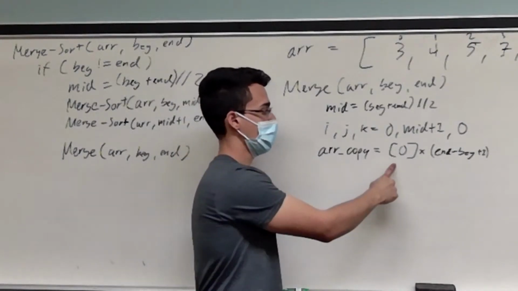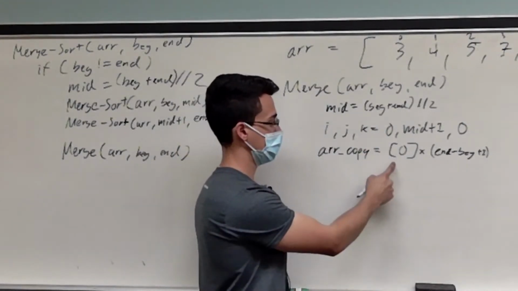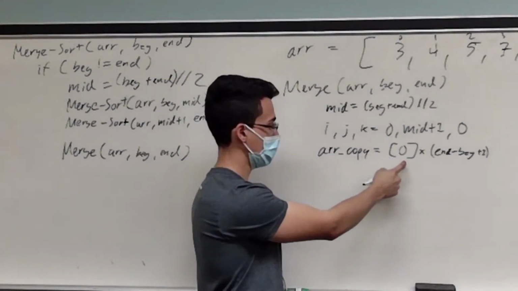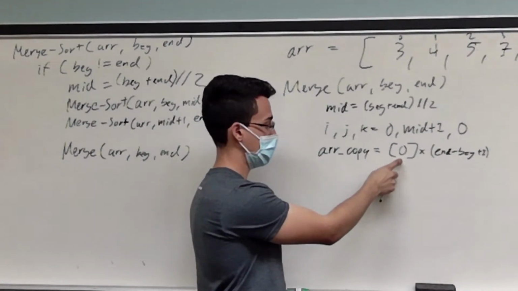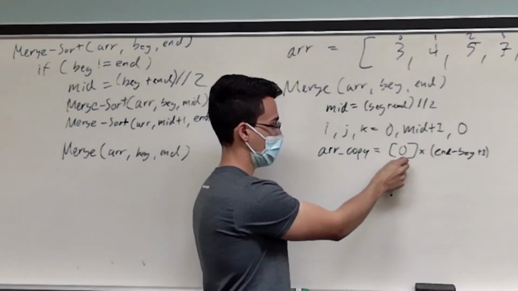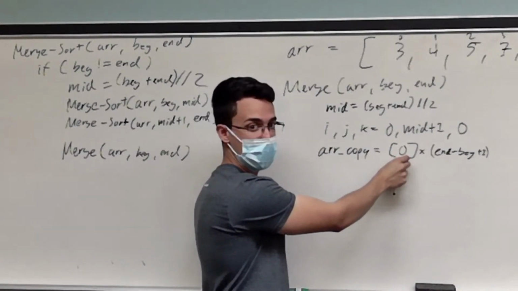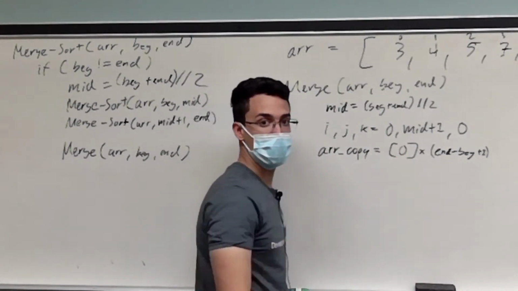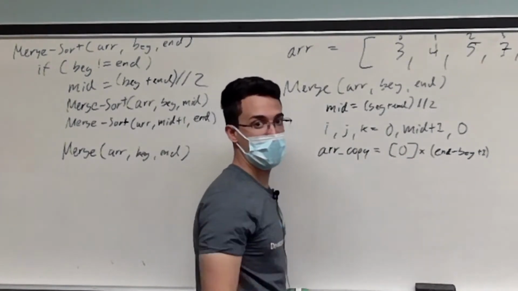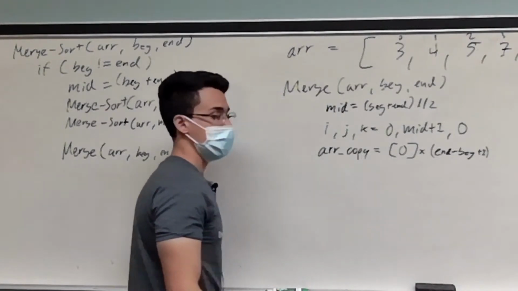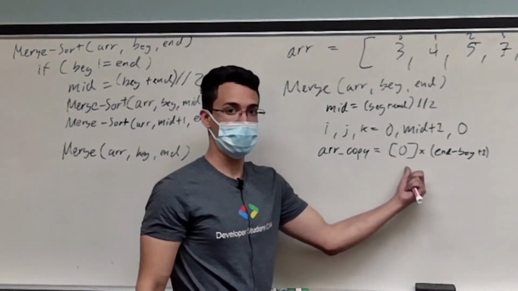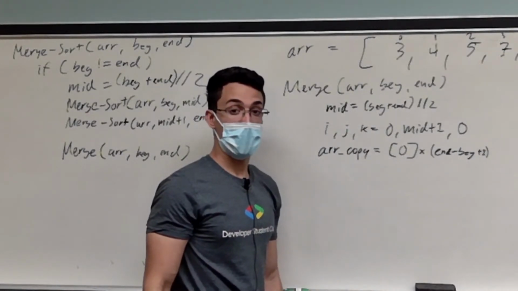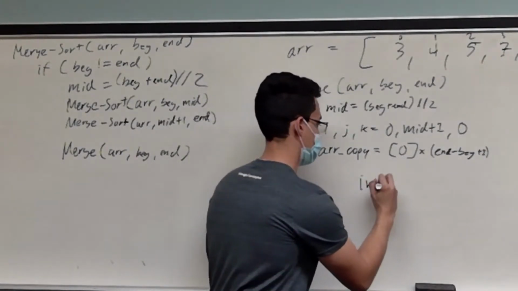So in Python notation, this is a list with only one value, which is 0. We copy this value and store it this many times, the length of n minus beginning plus 1. So this is the length of the list and they're all zeros, equivalent to the size of the new array.